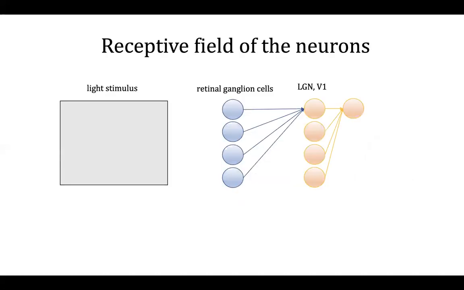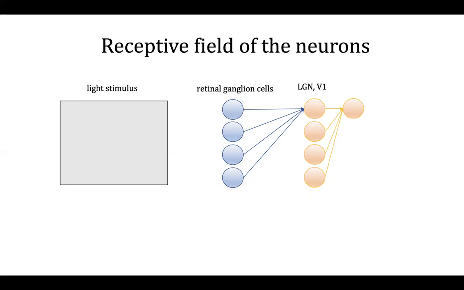I'll try to explain a simplified general idea of this model. The idea is that in the visual pathway, starting from the retina, from the eye, there are receptors in the retina, and these retinal cells, retinal neurons, encode information and then send this information upstream to more advanced, complex brain regions.